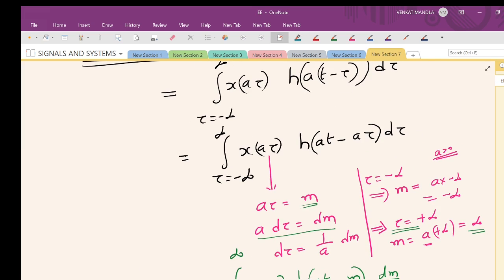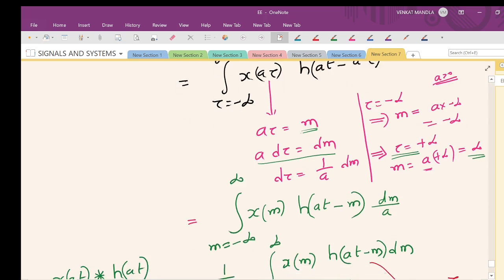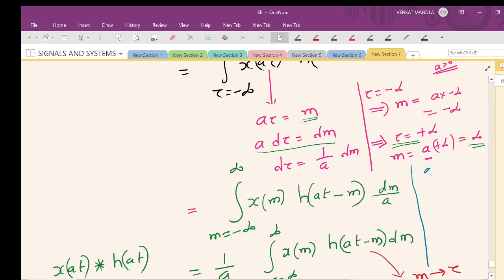If a is less than 0, what do you get here?